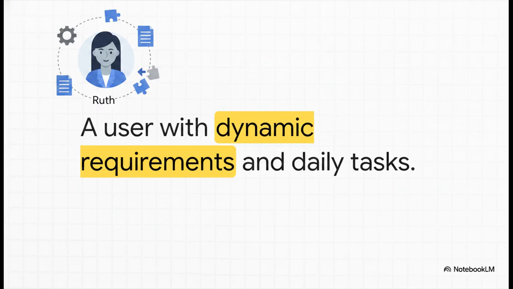To truly understand an abstract concept like user flexibility, it always helps to ground it in a relatable operational reality. So Ruth represents our end user operating within companies' AI core IT solutions. Rather than just clicking a standard set of static buttons, she has highly specific data analysis tasks. She has unique workflow preferences for generating her reports, and she deals with dynamic project requirements that shift dramatically from week to week.